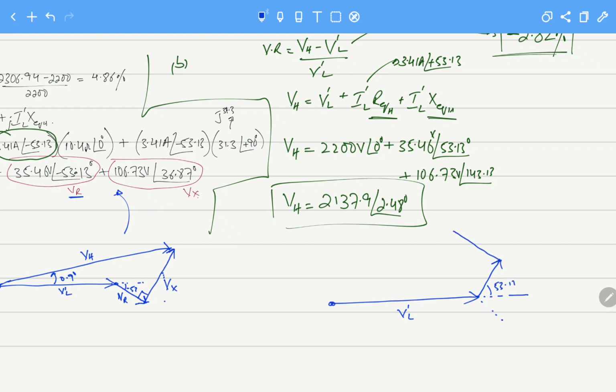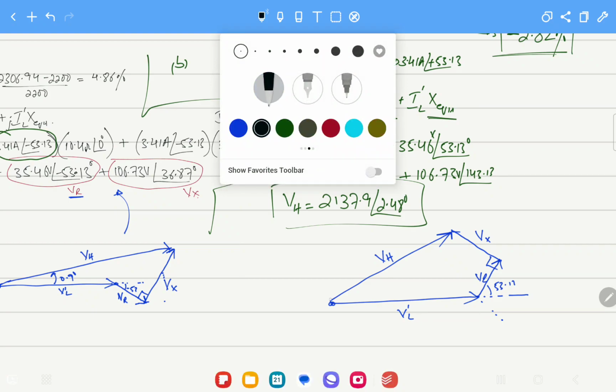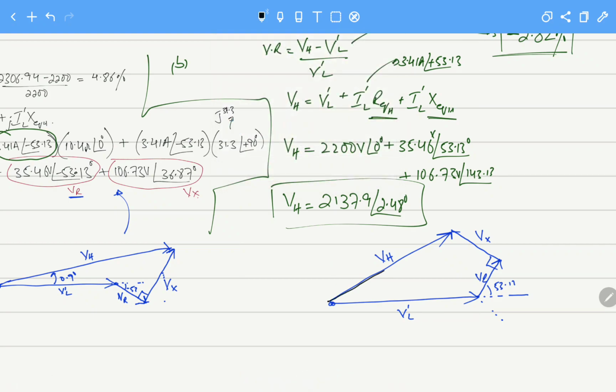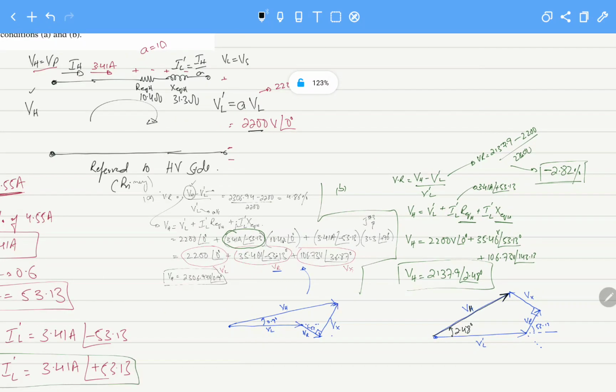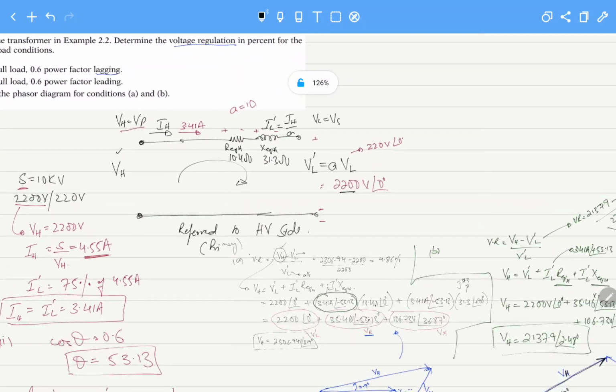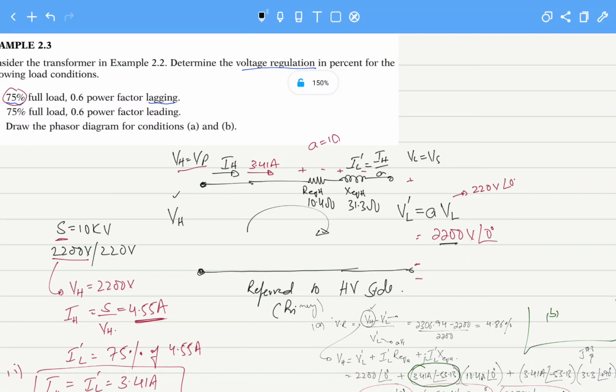From here the other angle, that is 90, belongs to VX, this was VR, and this is then VH. This is actually VH, and this angle is 2.48 degrees. So this is how we have calculated the phasor also. I hope it helps.